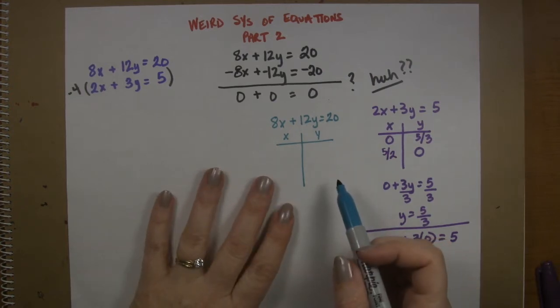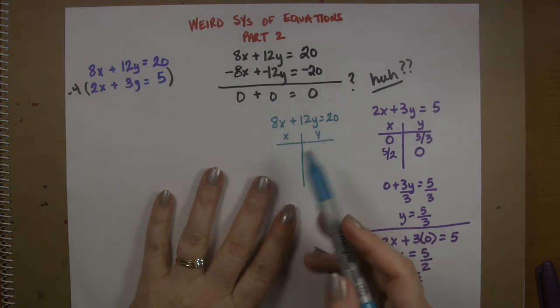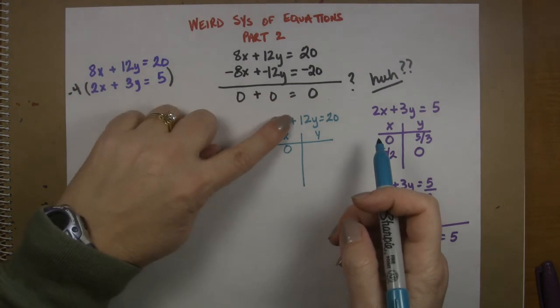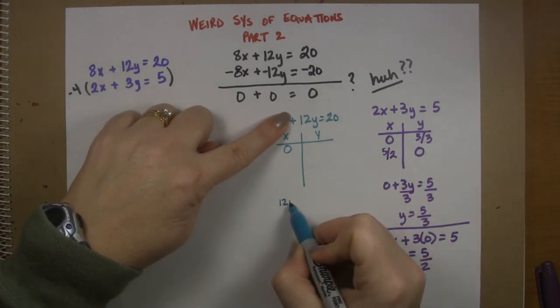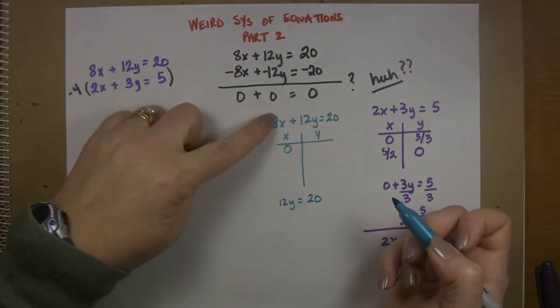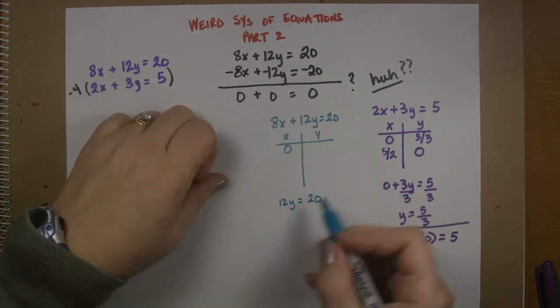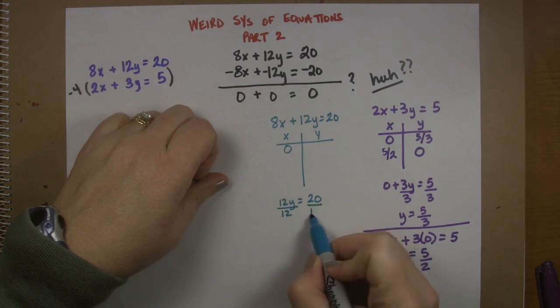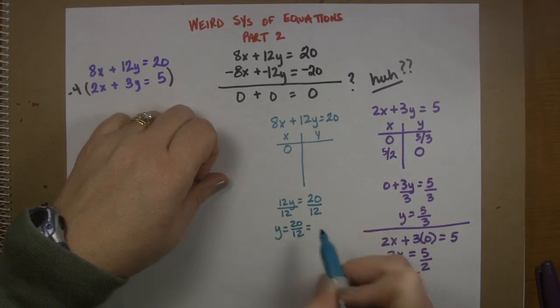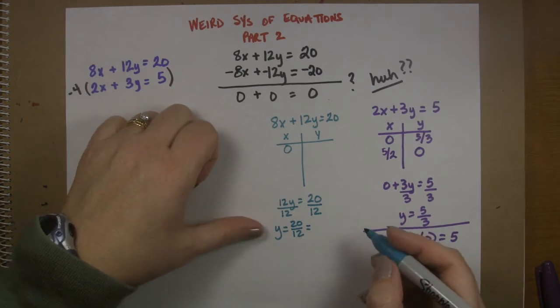Okay, so what I'm going to do over here is the same thing. I'm going to start with my x equals 0. So I get 12y equals 20 because this term goes away because I multiplied it by 0. So I divide both sides by 12. I get y equals 20/12, which is an ugly fraction that can certainly be reduced.